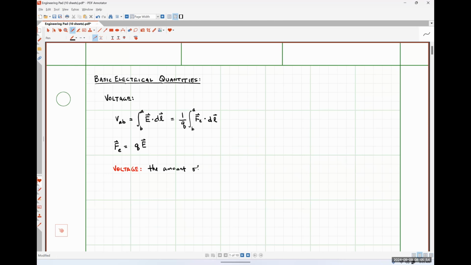The amount of work per unit charge needed to move 1 coulomb of charge from point B to point A in a circuit.